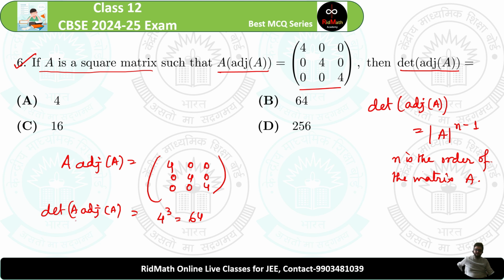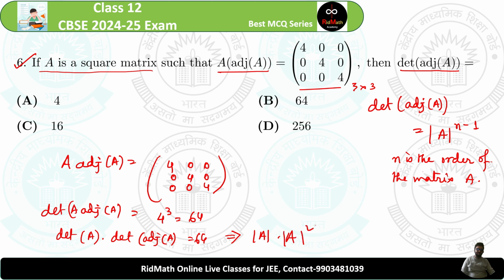So the determinant of A into adjoint of A is determinant of A into determinant of adjoint of A. So this is 64, and suppose the determinant of A is A, and what is the determinant of adjoint of A? This is a 3 cross 3 matrix, that means determinant of A square. So A into A square equals 64, and determinant of A cube is equal to 64, that means the determinant of A is equal to 4.